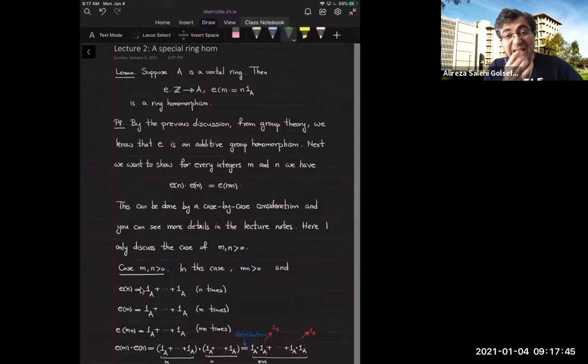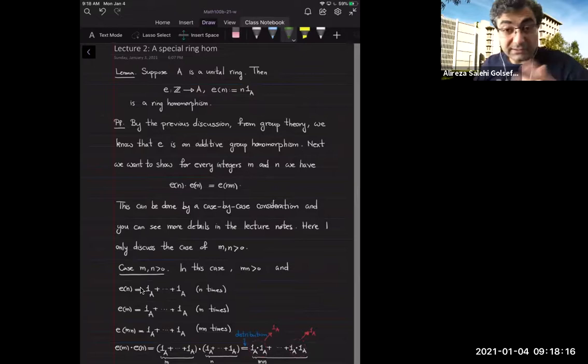If A is a unital ring, then we have a nice ring homomorphism from the ring of integers to the ring A. This is a canonical ring homomorphism from the ring of integers to A, and it gives us a sort of characterization of the ring A as well. A very weak characterization, but nevertheless a characterization.